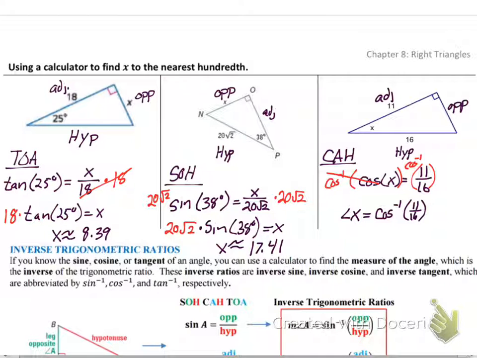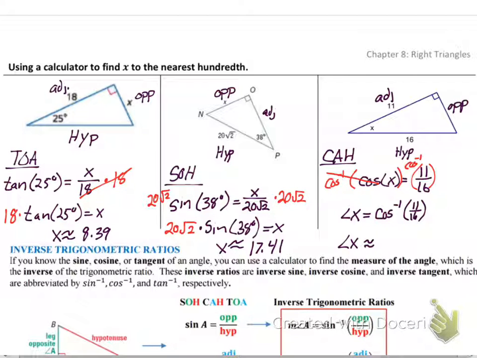If I'm doing cosine inverse, I need to have adjacent over hypotenuse. And guess what? All of your calculators have a cosine inverse button, just like a sine inverse button. So let's go ahead and plug that in, and someone tell me what this equals.